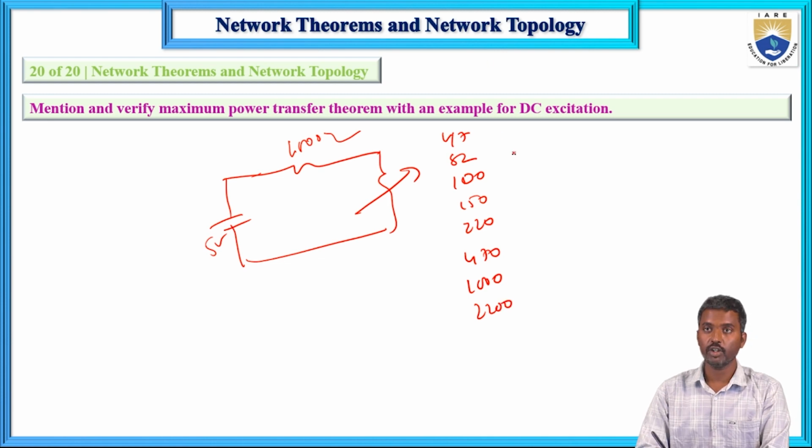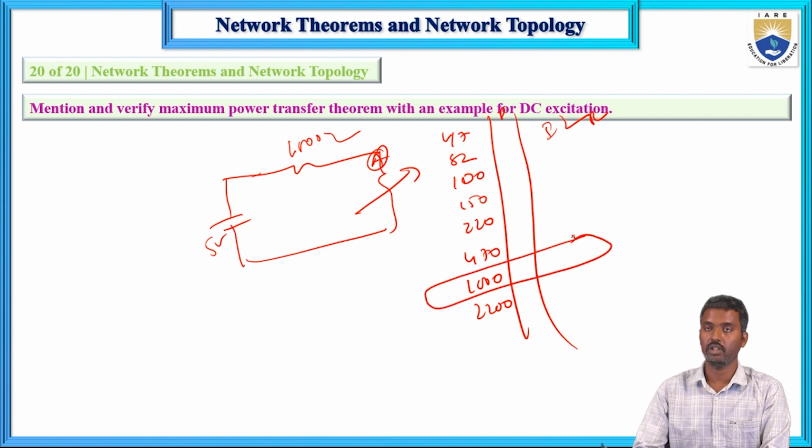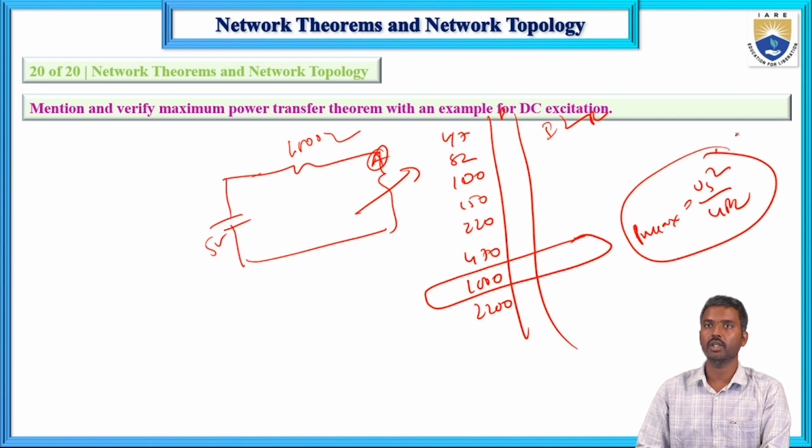Verifying the maximum power transfer theorem means verifying it with a suitable example. Just calculate the current here, then I square R gives you the power. Here P should be maximum at this condition, so P maximum equals Vs square by 4 RL. This formula is important.